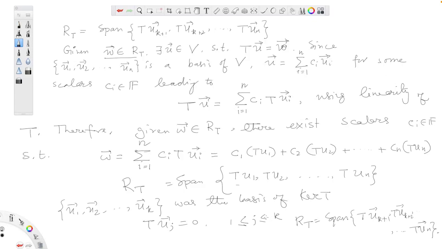Towards the end of the previous segment, we were trying to prove theorem 2, the rank-nullity theorem, and there we proved that the range of the linear transformation T is the span of these n minus k vectors.